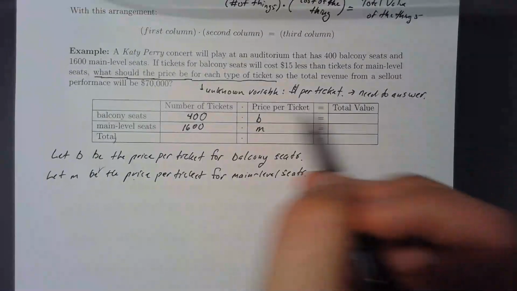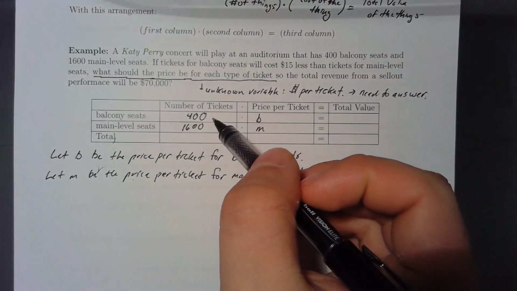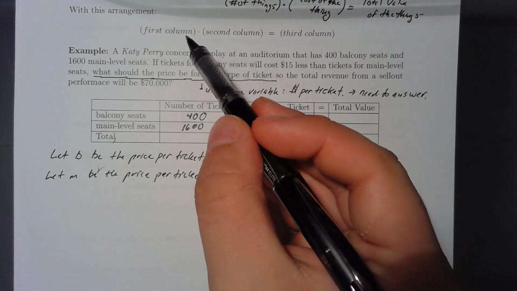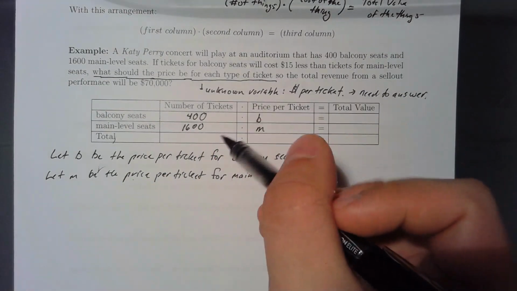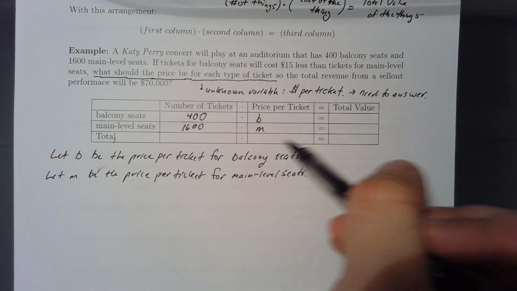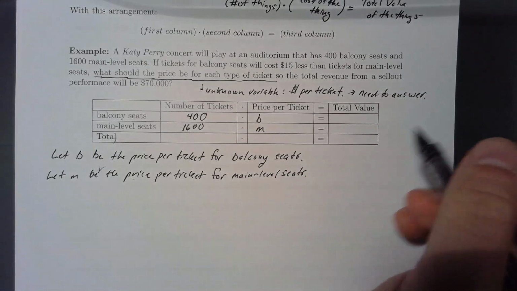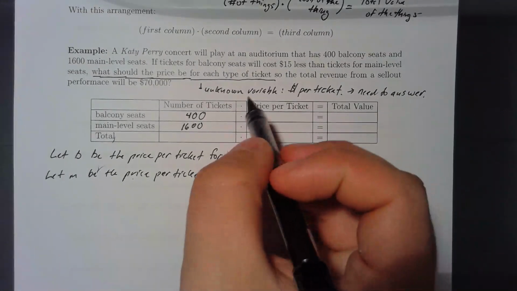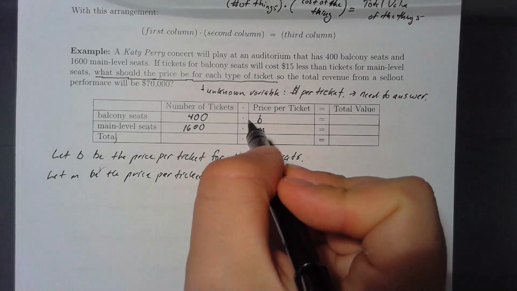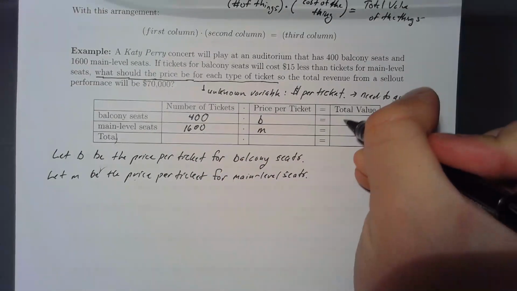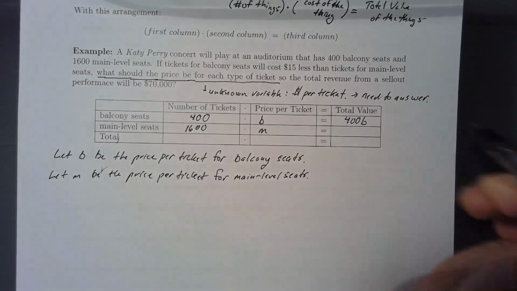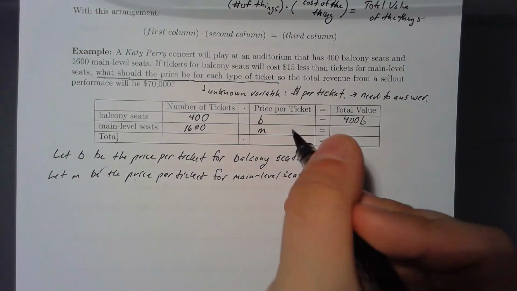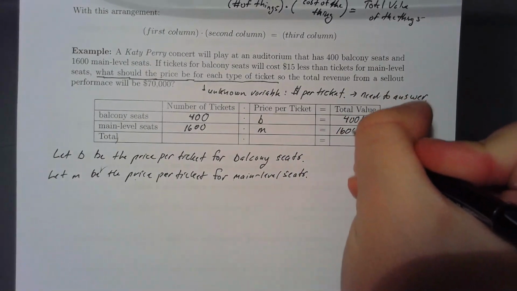So the total value of balcony seats is going to be this column times that column. First column times second column equals third column. So 400 times B is going to be 400B, and 1,600 times M is going to be 1,600M.